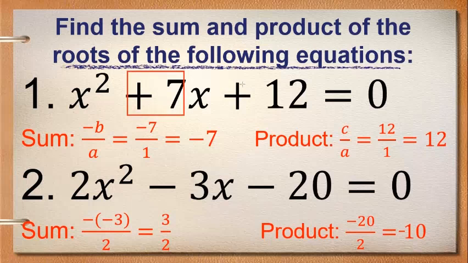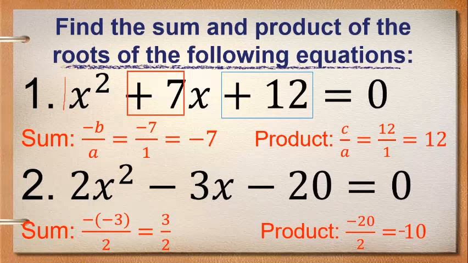Substituting that to the formula -b over a, we have -7 divided by 1, it's -7. Take note that the coefficient of the quadratic term is 1. For the product, we have c over a, so the value of c is 12, and the value of a is 1. 12 divided by 1 is 12. That is for the first example.